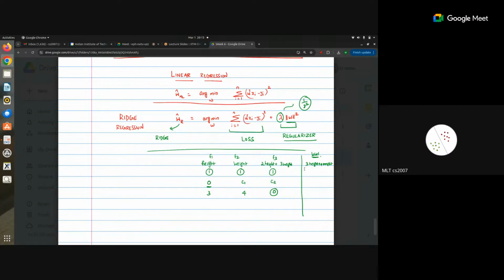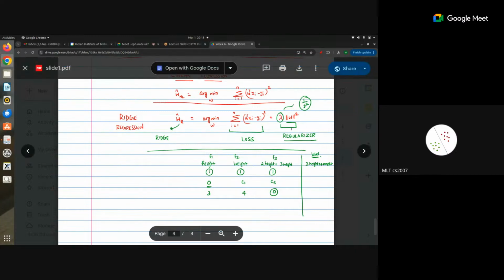Will it penalize W's, and which W's will it penalize? W is a vector of each of the coefficients, right? So what will happen if your lambda is higher? The W's will be closer to 0, right?